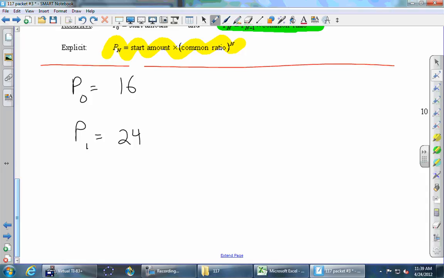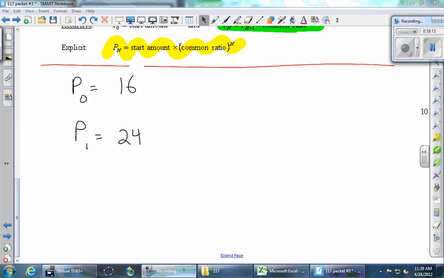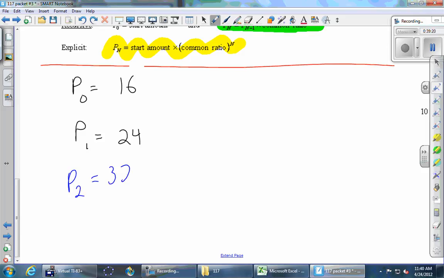Can you tell me what the next number in this list is going to be? Talk to your neighbors. Find the next number in the list. P2 is 32. Agree? That's the next number? What did you guys say? Could also be 36.